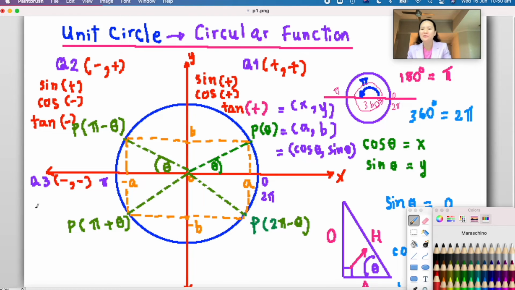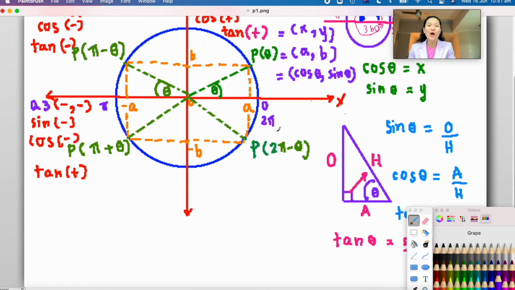So I'm going to write down here our sine is negative, our cos is negative too, and our tan equals sine divided by cos, negative divided by negative is obviously positive.